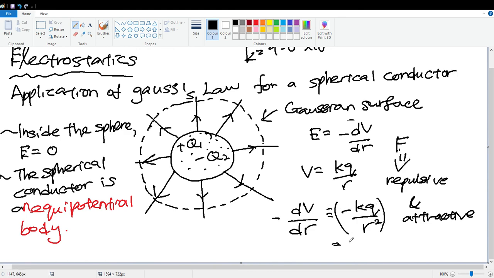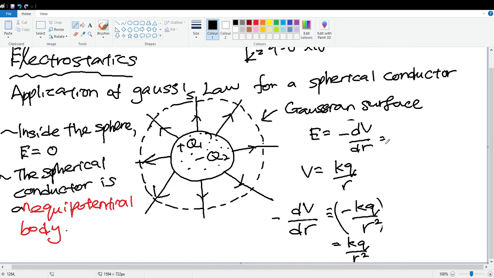So what we have here is kq over r squared. This kq over r squared is equal to the electric field strength. So let me just substitute this one inside here.